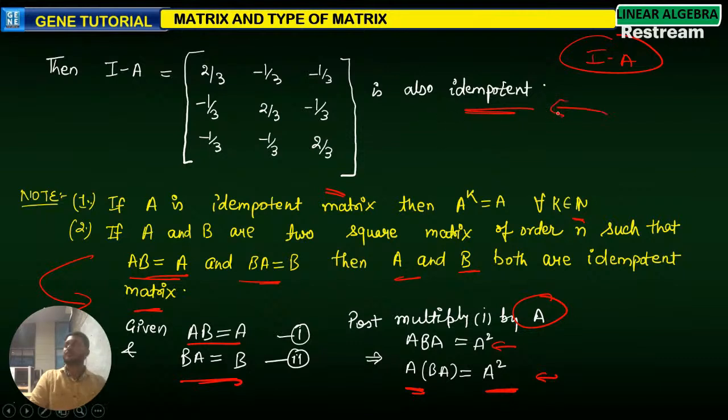It is also an idempotent matrix. So the necessary thing is that (I minus A) whole square is equal to I minus A, so it gives you some data like this. So there are some note points.